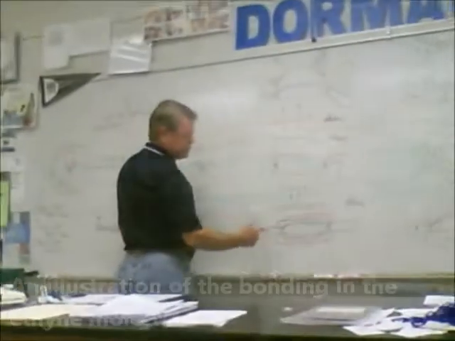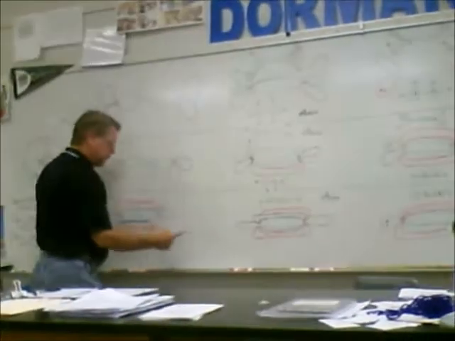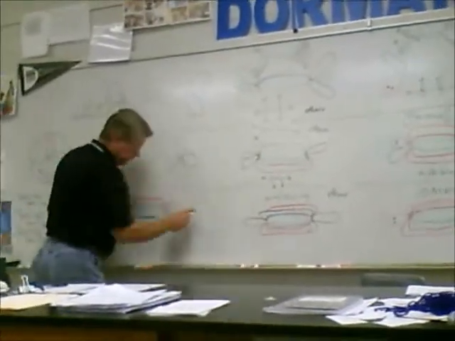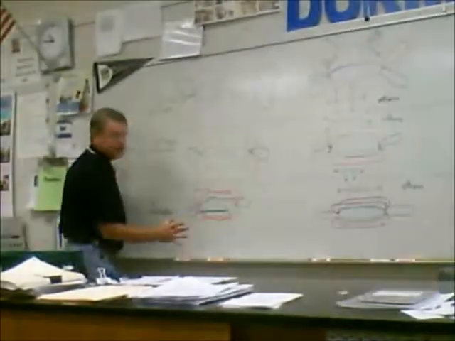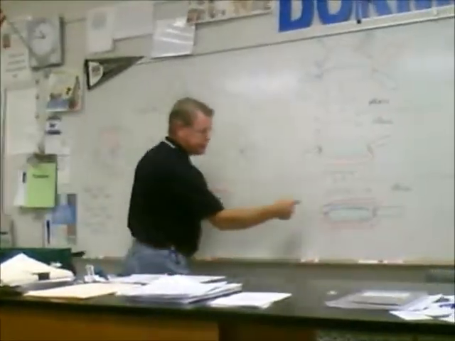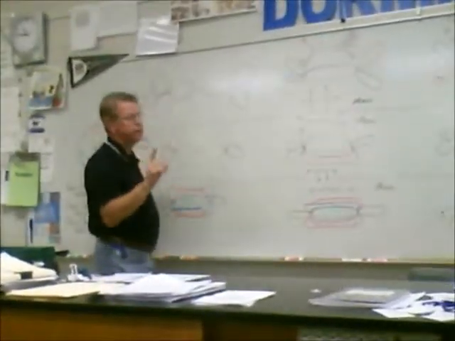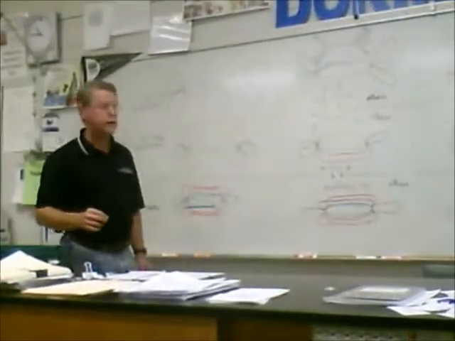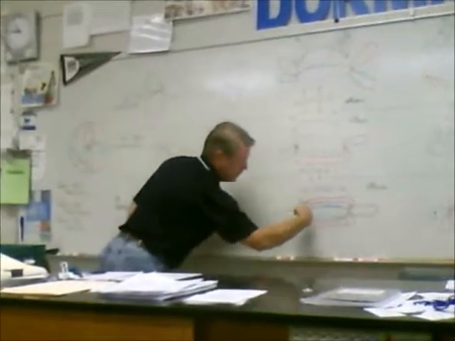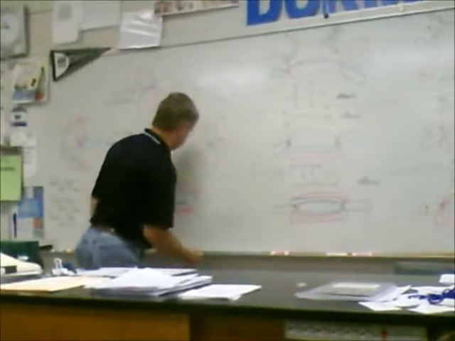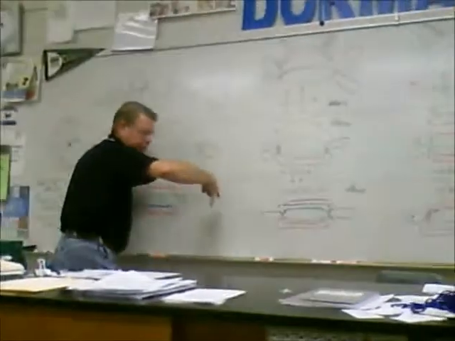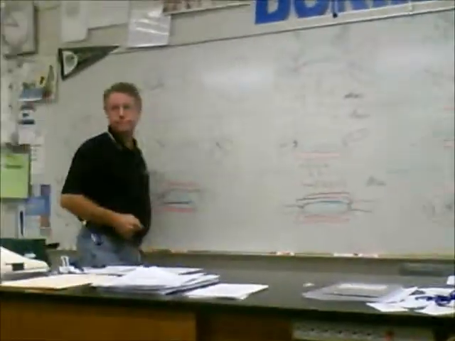Okay. So here's the sigma bond directly on the line between the two nuclei, forming from the two sp hybrids, making one bond in between, called a sigma bond. Here is the pi bond going across the top here. And the pi bond going front and back here.